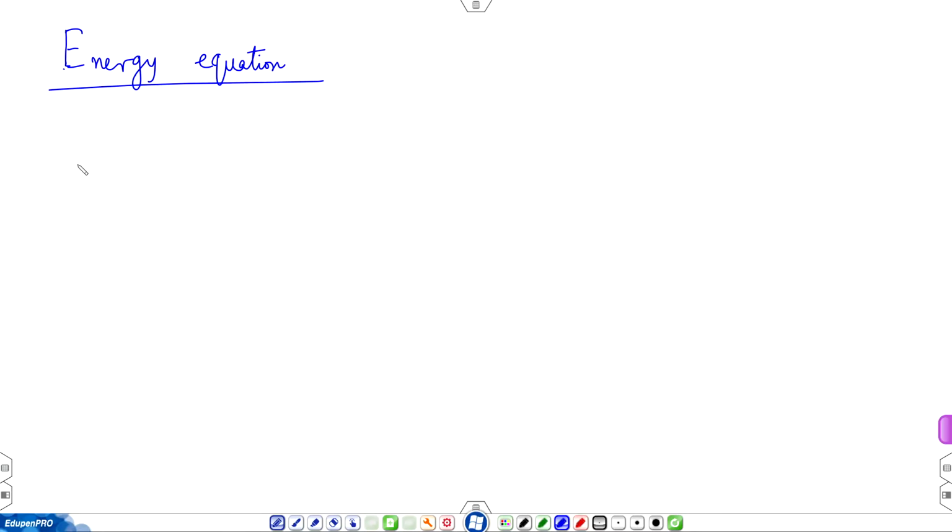So, energy equation, the version we have studied incorporates the first law of thermodynamics as well as the second law. For a flow process.